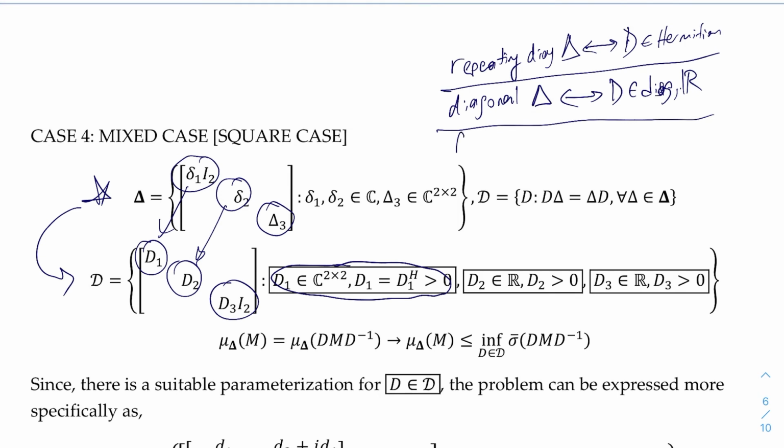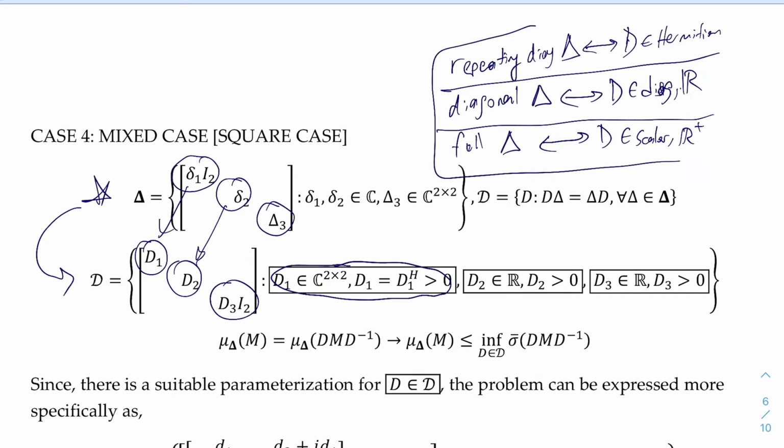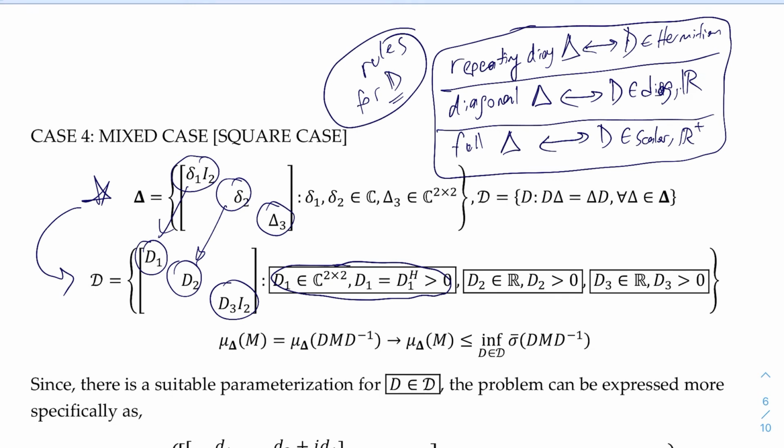And for a full delta, D is a scalar and positive real. So these are the 3 rules for the delta set that we need to keep in mind to construct our D sets.